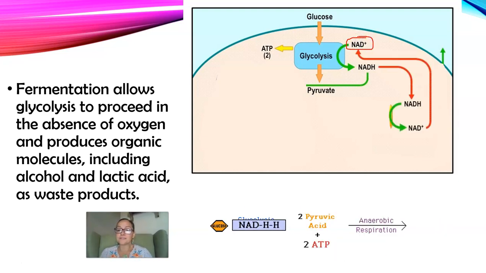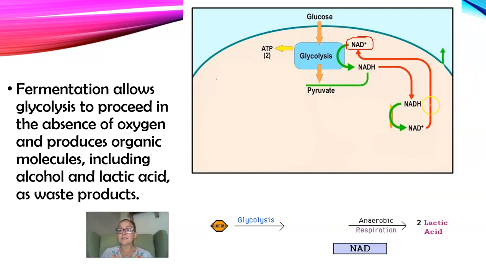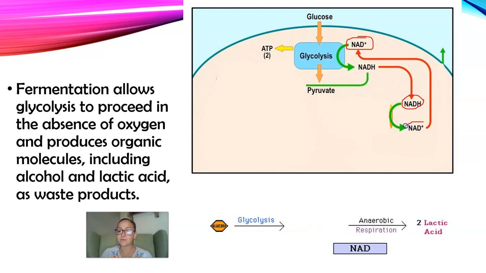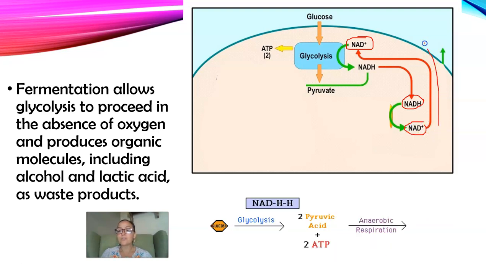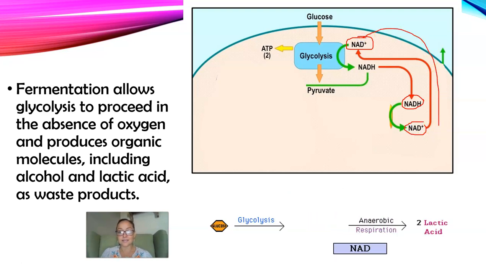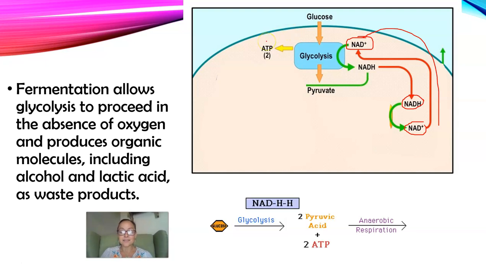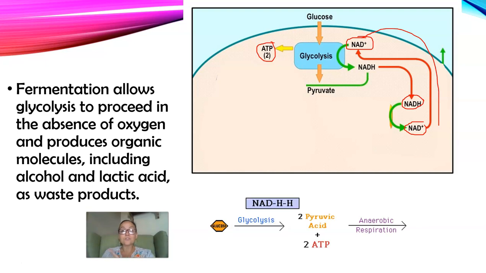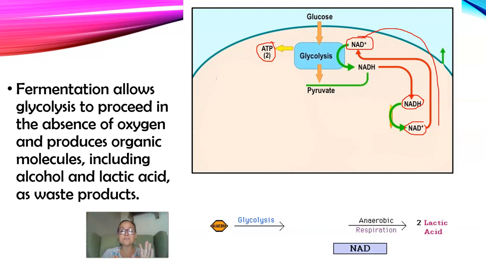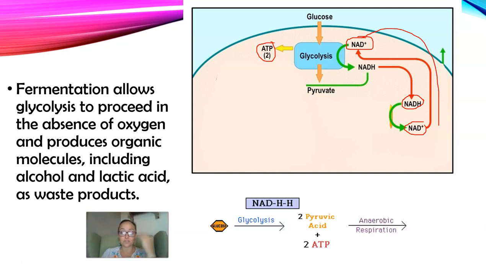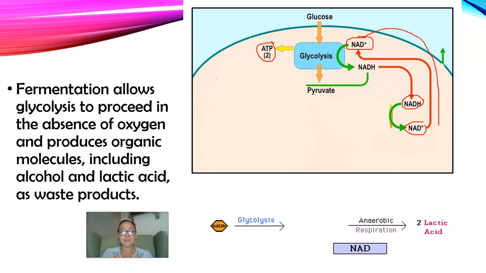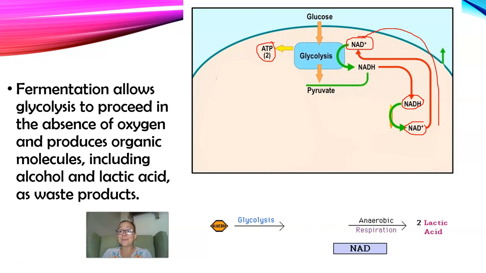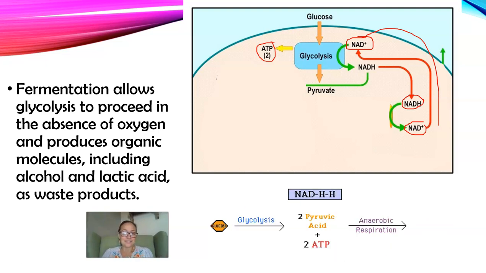So the purpose of fermentation is basically to oxidize this electron carrier and recycle the NAD+, so that at least glycolysis can continue. Because in anaerobic respiration, it's these two ATP, those are the only ATP produced, and that cell is struggling to make ATP, and therefore glycolysis cannot stop. Otherwise, the cell will die. There'll be no more ATP.